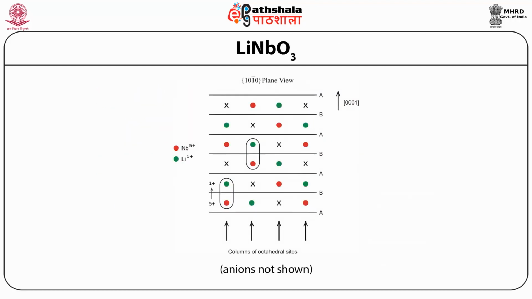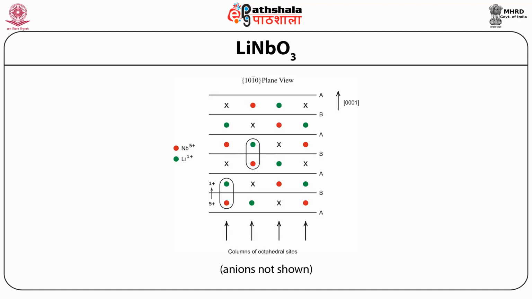You can see the cross-sectional view of the lithium niobate structure which we have seen in the previous slide. So the arrangement of the atoms is in AB, AB, AB sequence and so on. Here the red circle corresponds to niobium and the green circle corresponds to lithium, so the arrangement of lithium and niobium is shown.